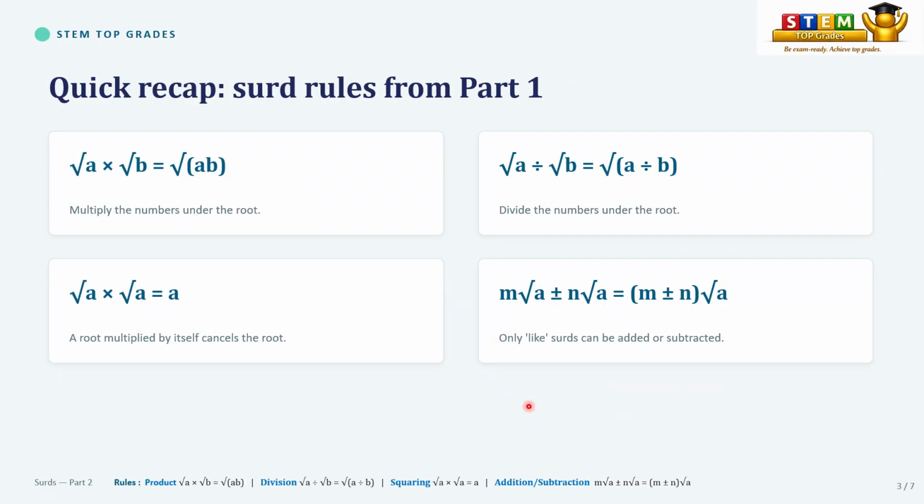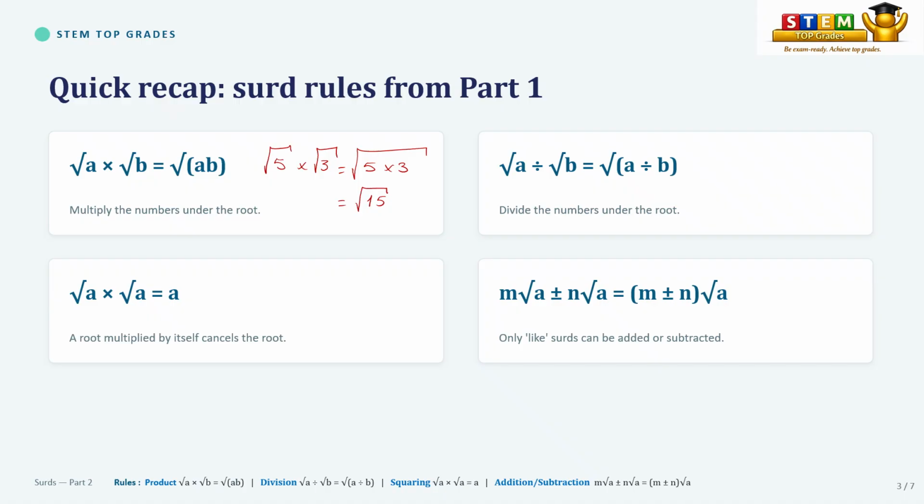Time to recap. What we've seen last time was there were 4 rules by which we went through the surds problems. The first one is the multiplication of surds. Just as a quick recap, if you haven't seen the first video, let me go through that again very quickly. If you have root 5 multiplied by root 3, you're going to get root 5 times 3, and that ends up with root 15.